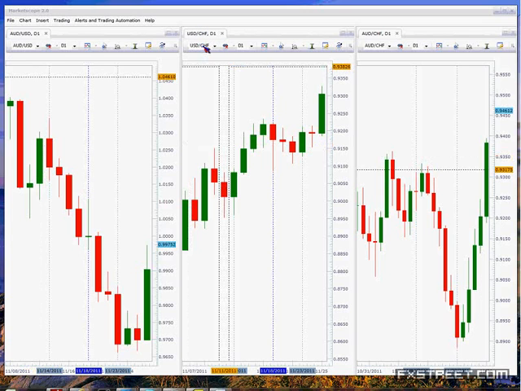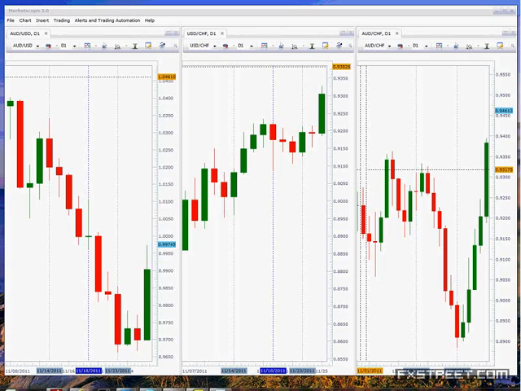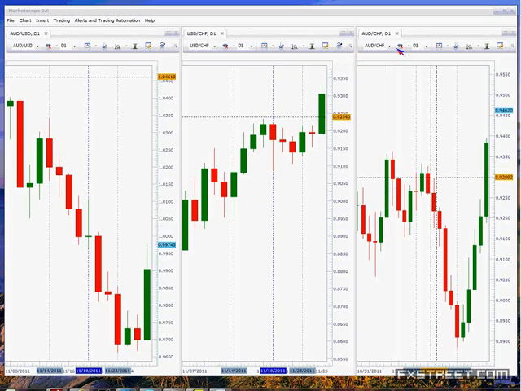Is US Swiss parallel or inverse to Aussie Swiss? What do you think? Is US Swiss parallel or inverse to Aussie Swiss?